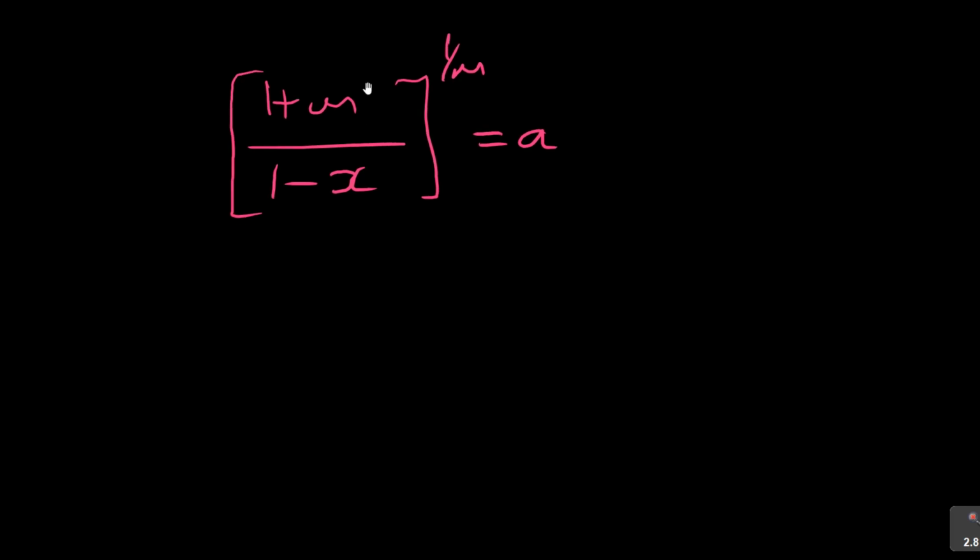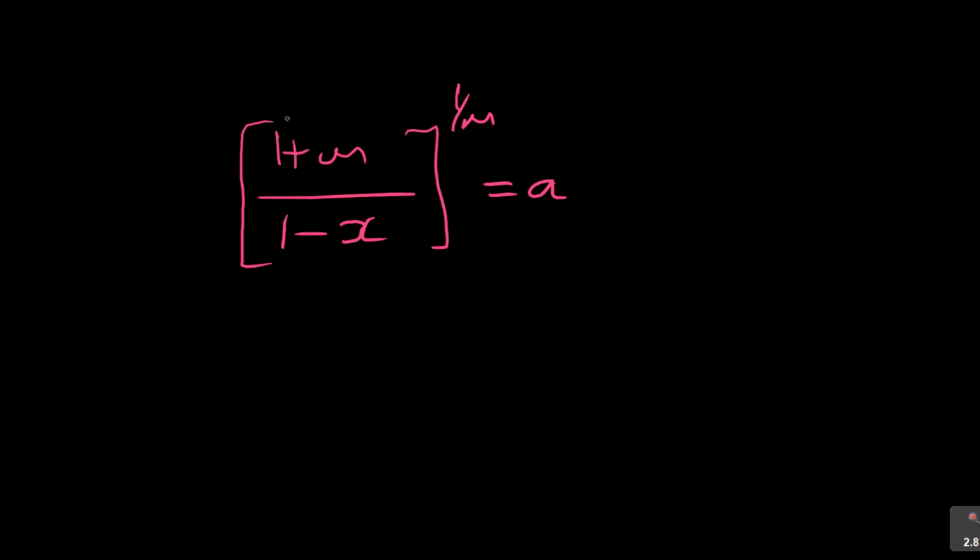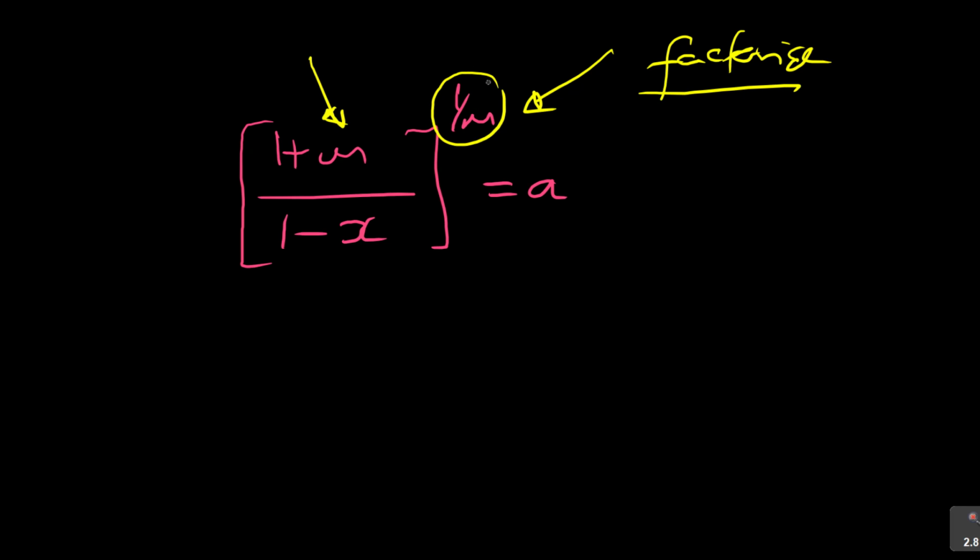So I want to make m the subject. Now if you see m there, and you see another m there, chances are you might factorize, because you have to group them together and factorize. So let's do that. And again, m is an exponent, means you are going to introduce logs.